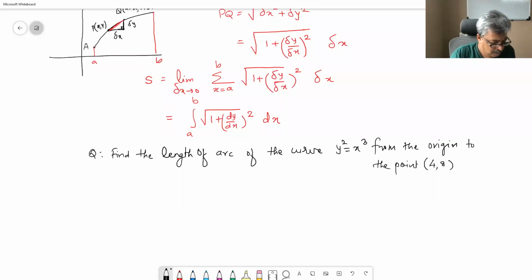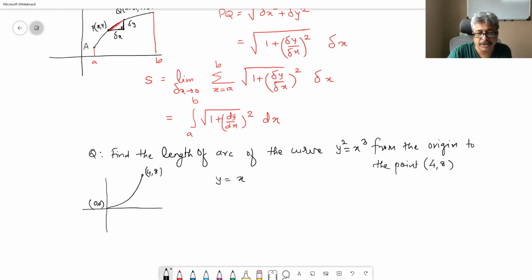So this is a semi-cubical parabola, and you will have two branches. One of them will be like this and another will be below, but we are asked to find the length of this arc, from 0, 0 to 4, 8. If you write it as a function, y is equal to plus or minus x raised to 3 by 2. Therefore dy by dx is equal to 3 by 2 x raised to half, correct?